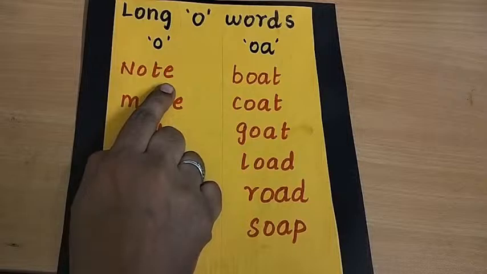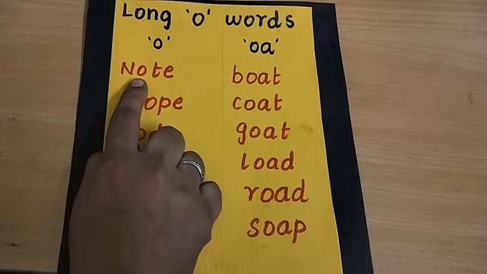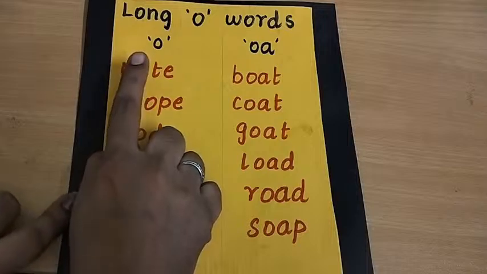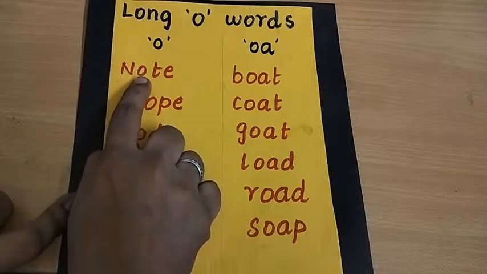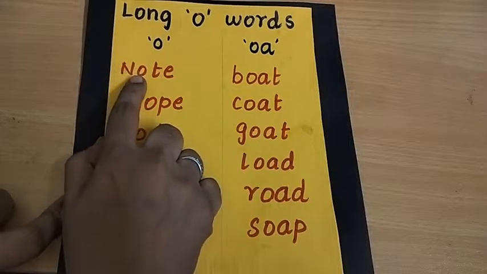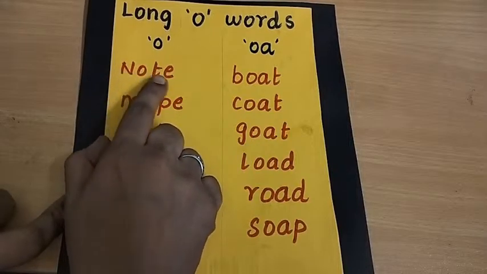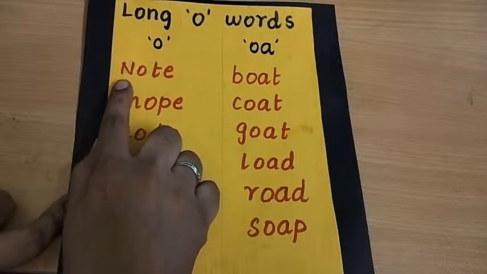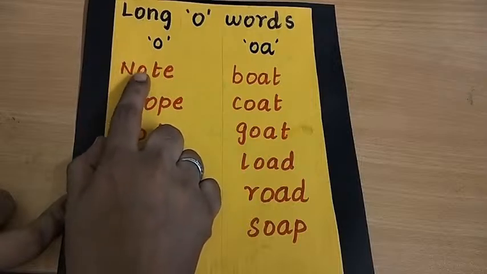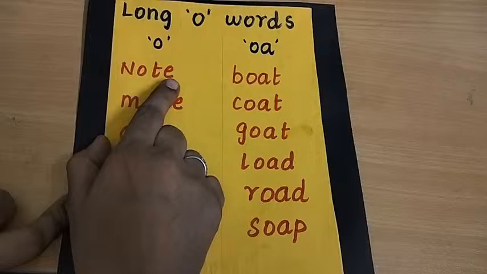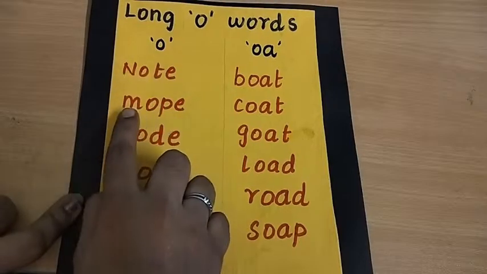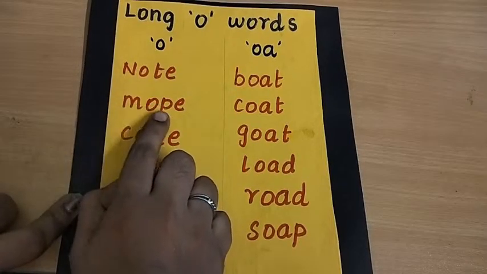So you have to give the longer sound for the vowel, not the phonic sound but the actual sound of the letter. N O T, note. How do we pronounce it? N O T, note.